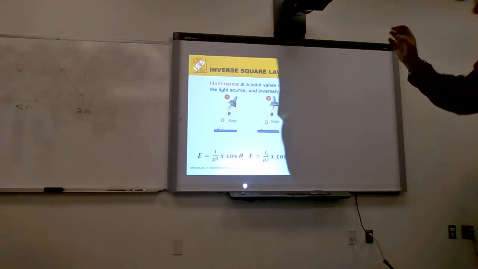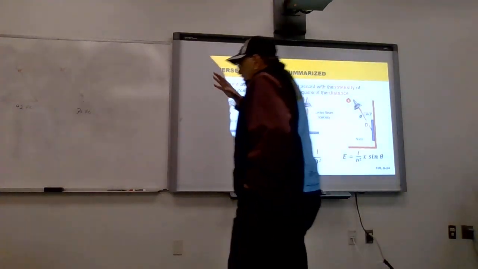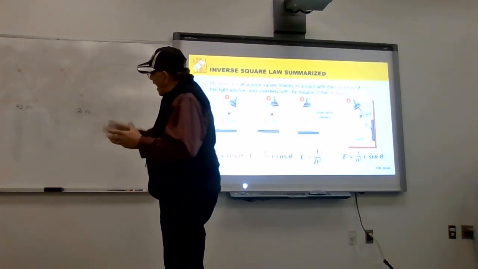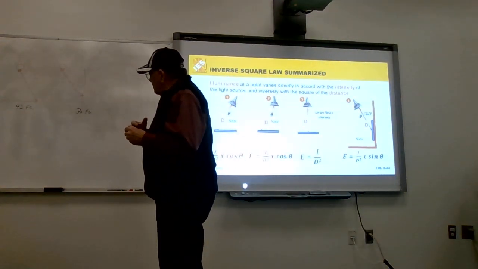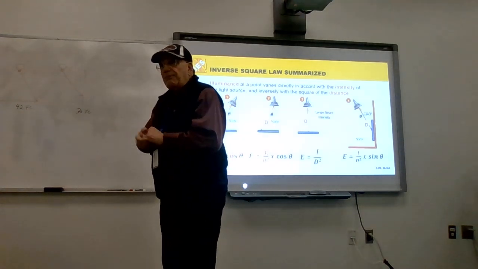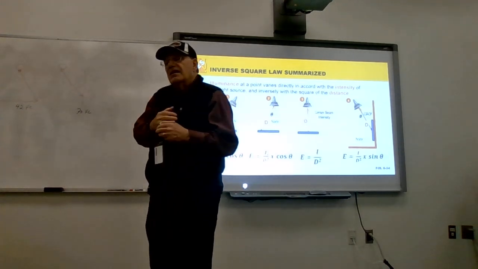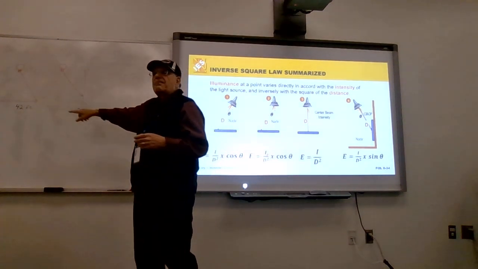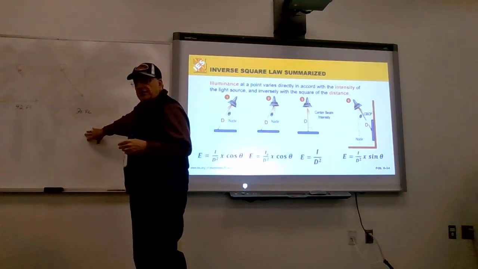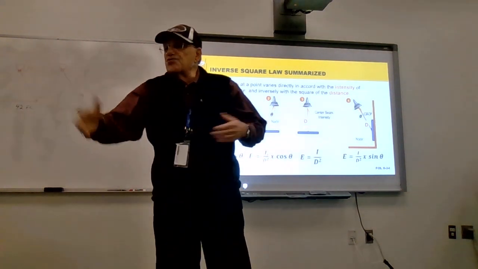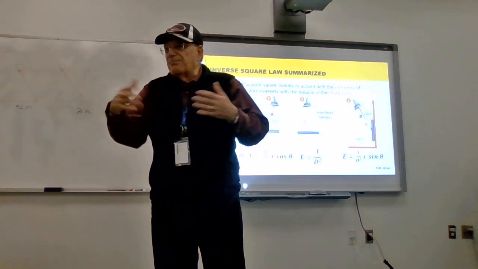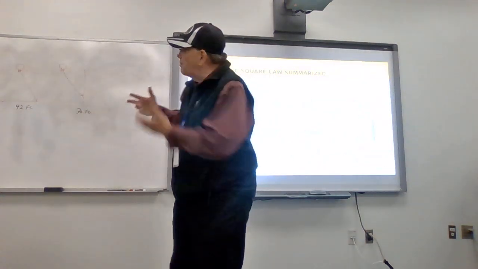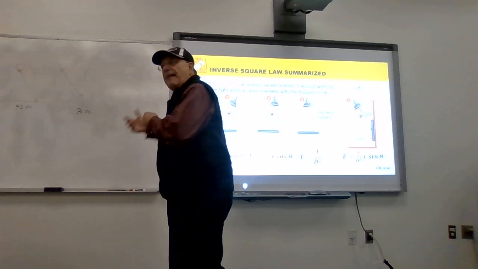Why? Because I wanted to demonstrate that if we keep the distance constant and vary just the beam angle, but keep the intensity of the luminaire the same, then we can compare accurately. If I started putting different parameters in there, you wouldn't be able to appreciate what's happening here.